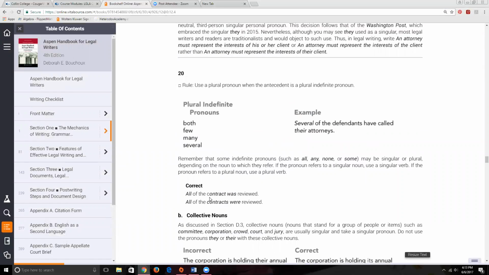Here we have all of the contracts were reviewed. Look at the second sentence. So we have contracts, clearly plural, ends in an S. So the all here refers to contracts, a plural word, so all has a plural meaning. So of course we're going to use were, which is the plural part of the verb. But here we have a single contract, but we're looking at the entire single contract.